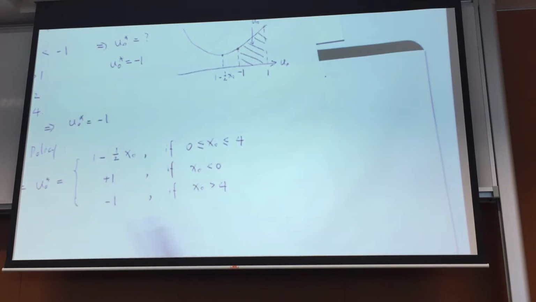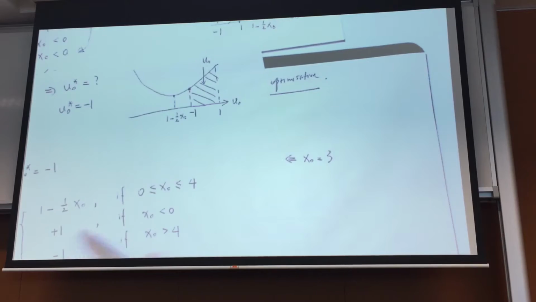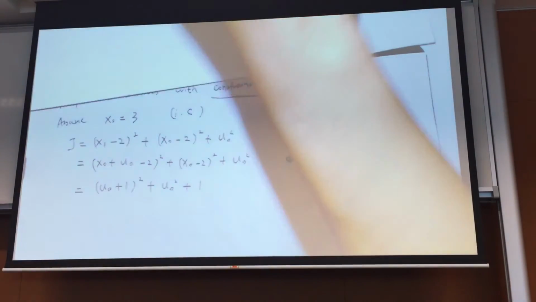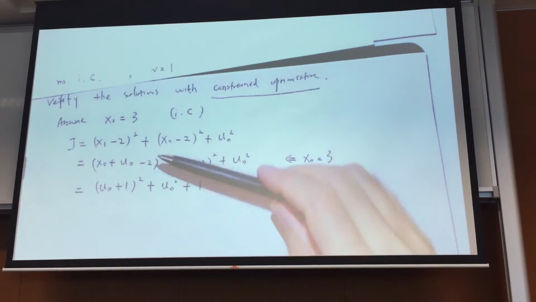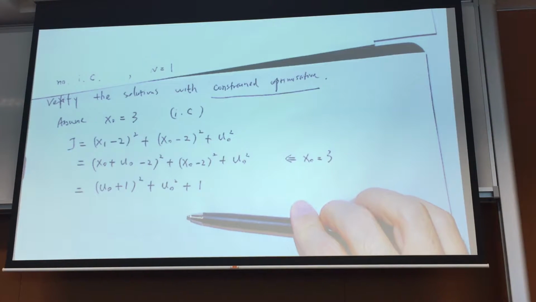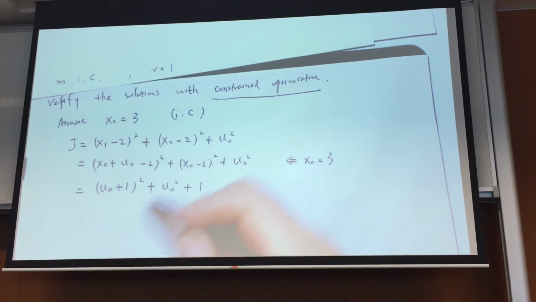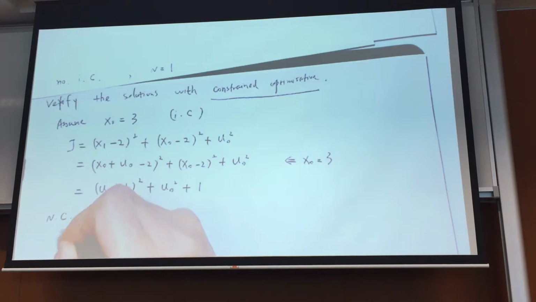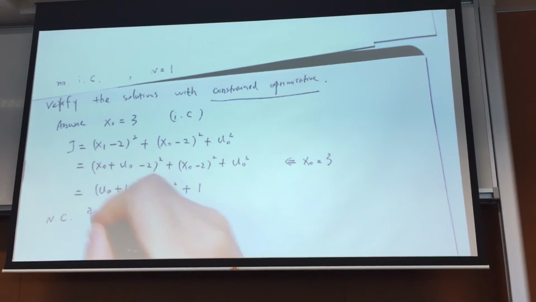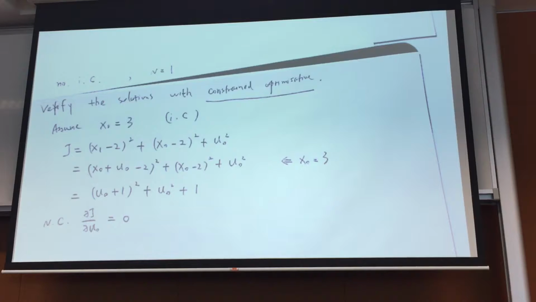That means the actuator constraints are actually not activated. So using this pre-knowledge, we can just assume to tackle this unconstrained problem. Let's see what happens. To tackle the unconstrained problem, we just evaluate the necessary condition: dJ/du0 equal to 0.